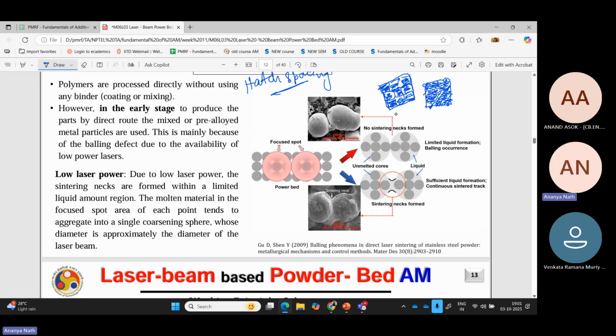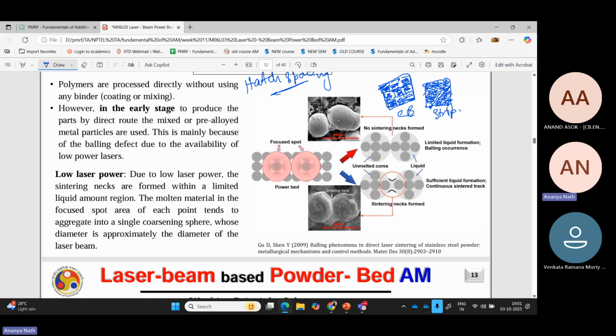This is called a chessboard pattern. This is called a strip pattern. There can be other hexagonal patterns, spiral pattern, zigzag pattern, and no pattern is also possible. So different scan patterns are there, which are called scan strategies.